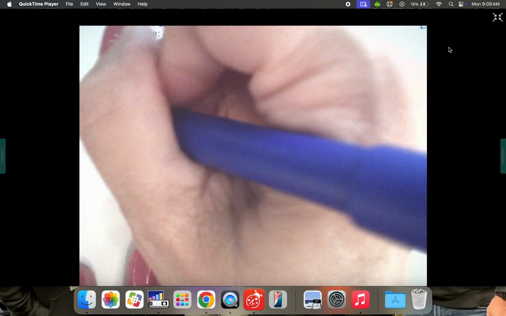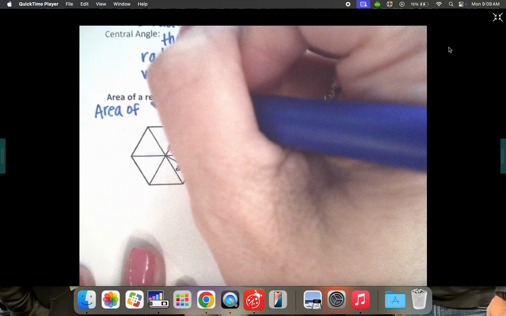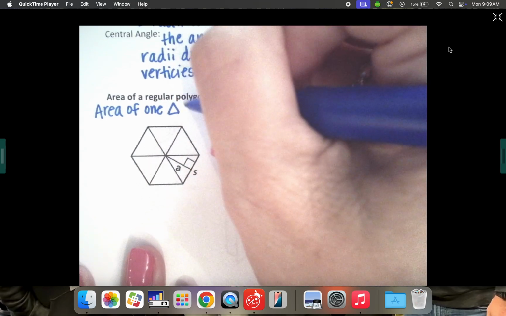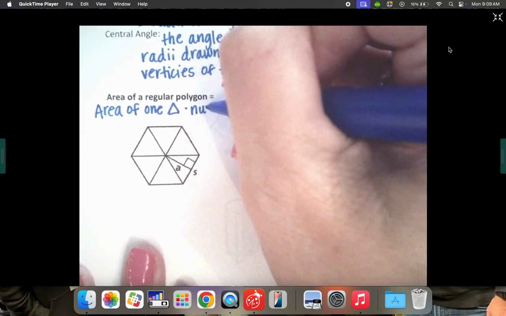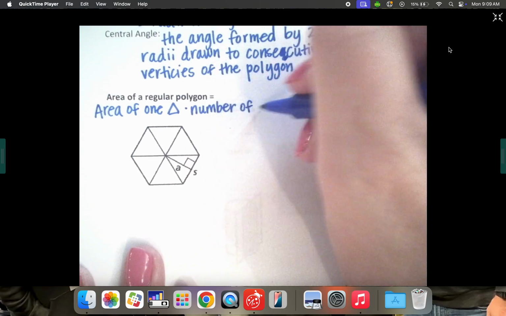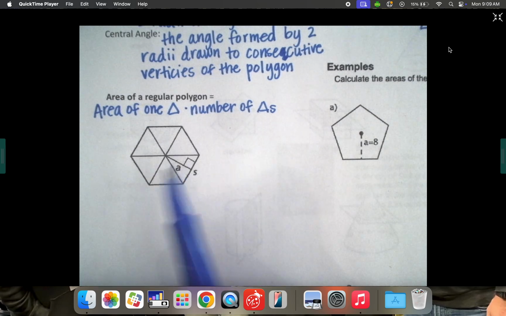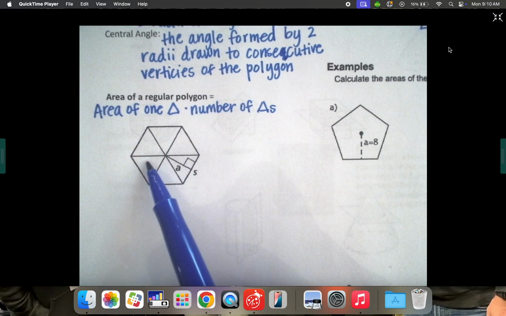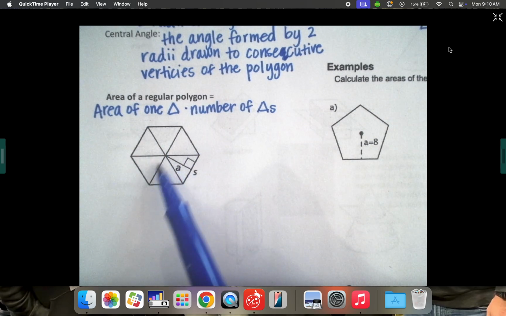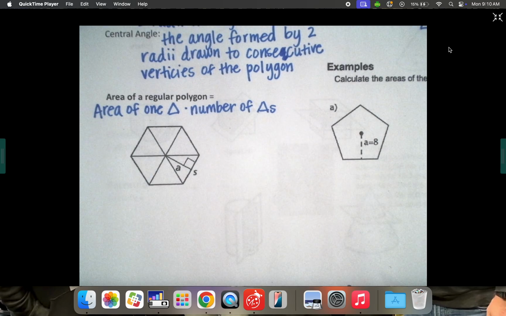To get the area of the whole polygon, you're going to take the area of one triangle and multiply by the number of triangles in it. So if you just take how many triangles are inside here and multiply by the area of one of those triangles, then you have the area of the whole hexagon.